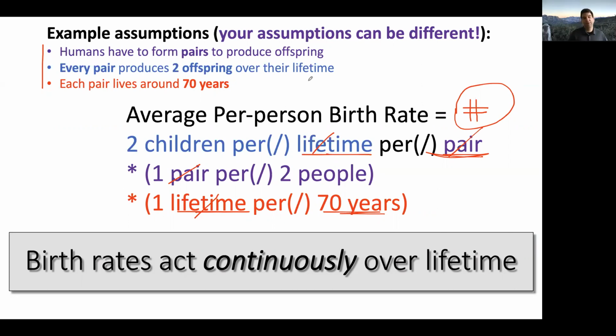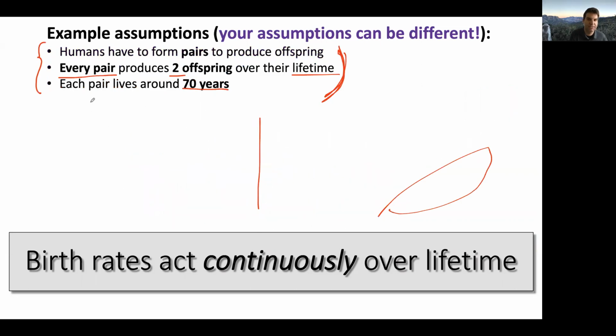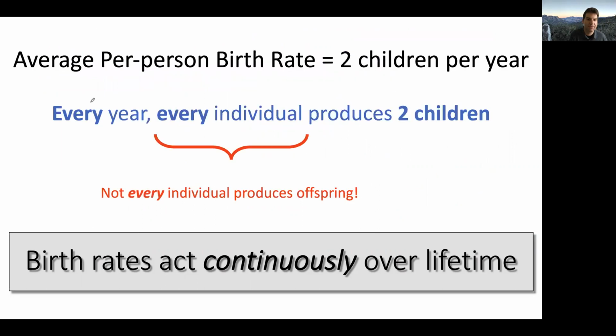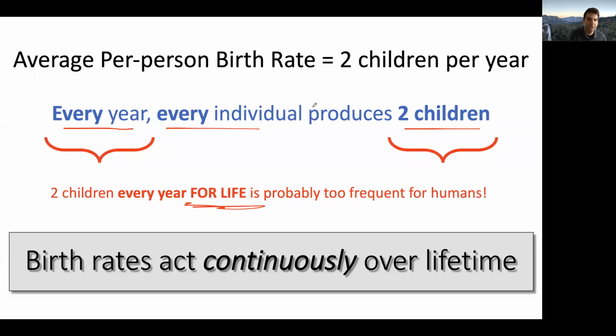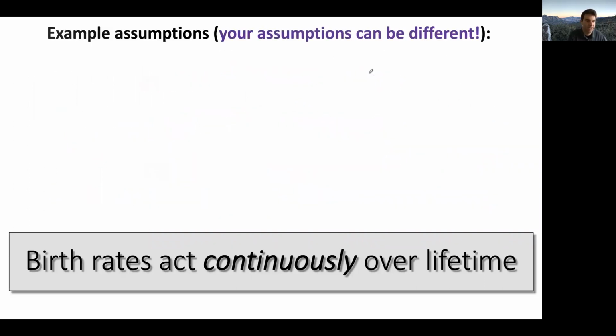Yeah, that's a great way to view it, you can view these as conversion ratios. And you're multiplying all these conversion ratios together to get, ultimately, this average per person birth rate. If I go back a couple of slides, I've said the units that I want here. I want this to be in children per year per person. I think I only wrote children per year here, but this is supposed to be per person as well. That's ultimately the units that I want.